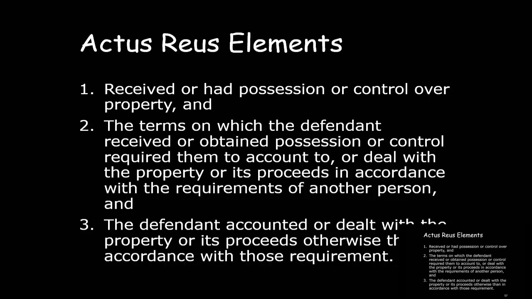So when we look at our actus reus requirements, what has to be proven by the prosecution is that the defendant received or had possession or control over property. And you'll remember that, of course, property is defined extremely widely in Section 2 to cover all sorts of things, tangible and intangible. You then have to show that the terms on which the defendant received or obtained possession or control required them to account or deal with it or the proceeds of it in accordance with those requirements, so on terms.